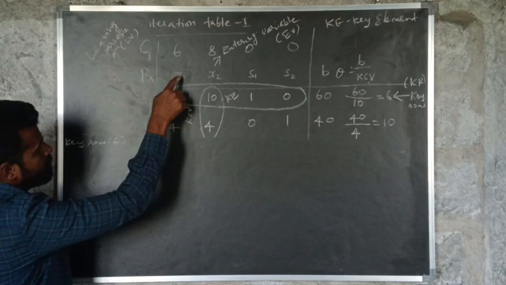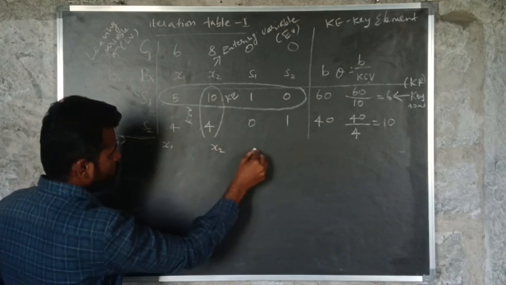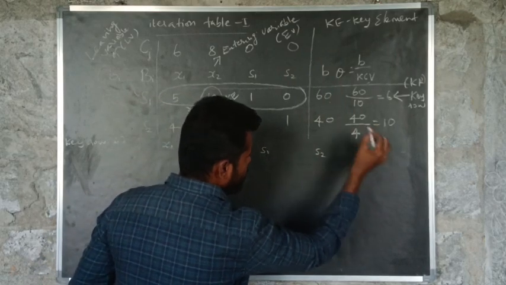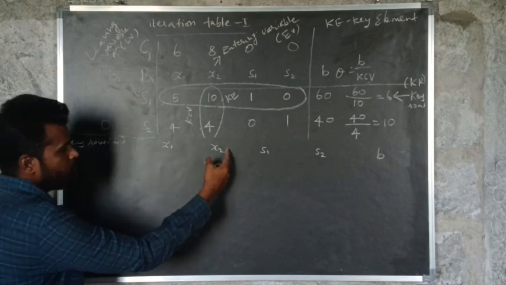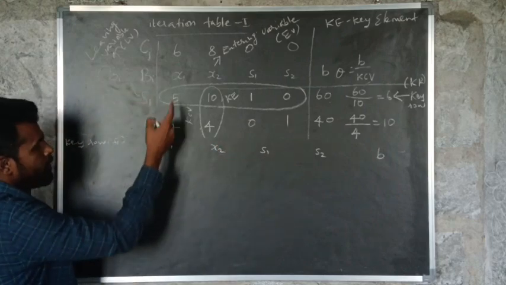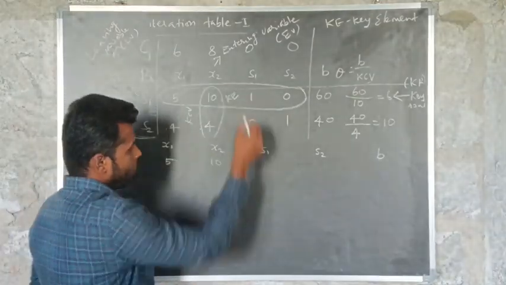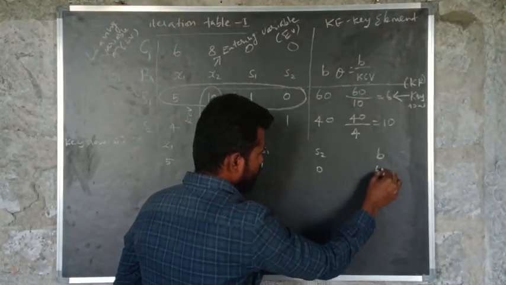The values I have to find are X1, X2, S1, S2 and quantity B. For S1, the row values are: X1 5, X2 10, S1 1, S2 0, quantity 60.